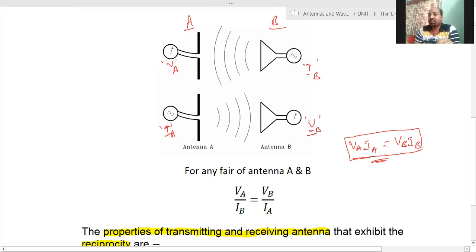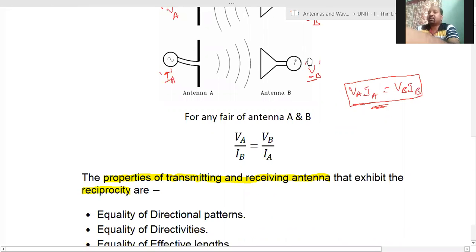But here there is a condition. If we want to use it like that, the antennas should maintain certain properties.